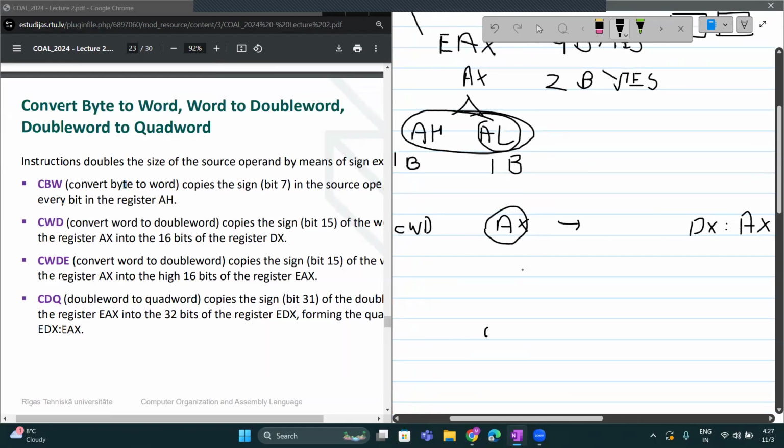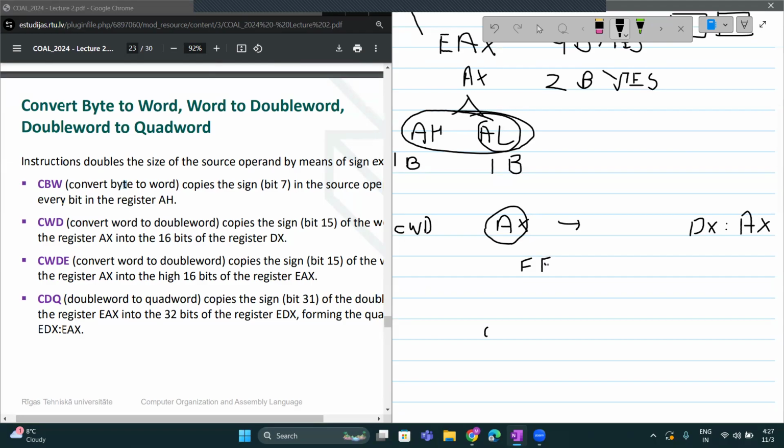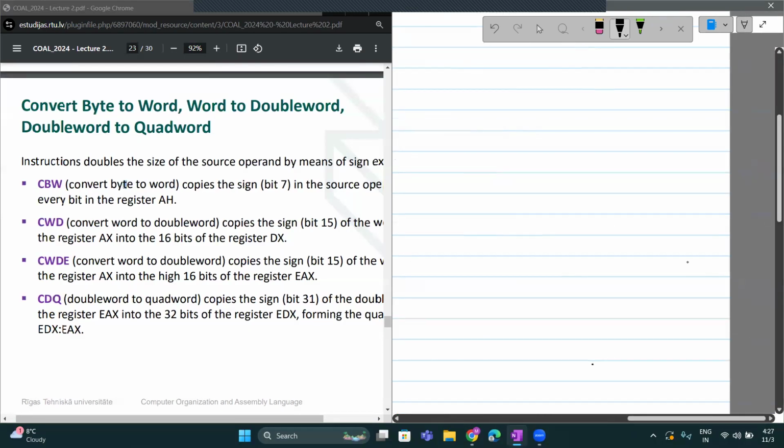So what it does is, if AX has, what is AX? AX is 2 bytes, so FF and FD, which will be basically 16 minus 3. And how did we get this? D is what?